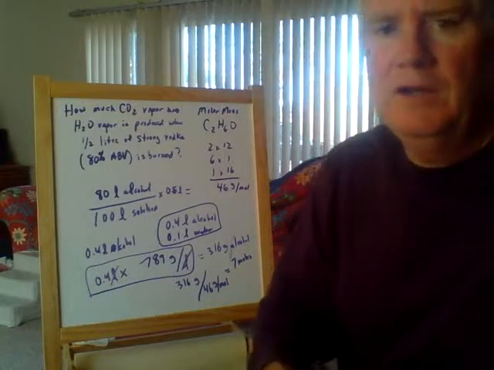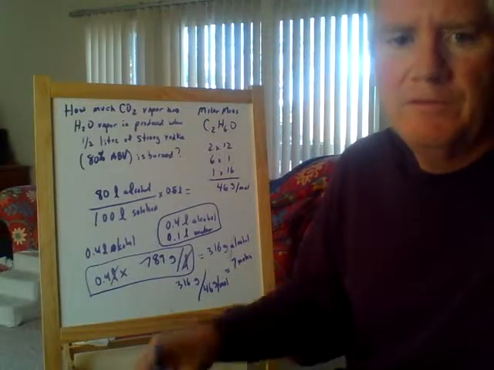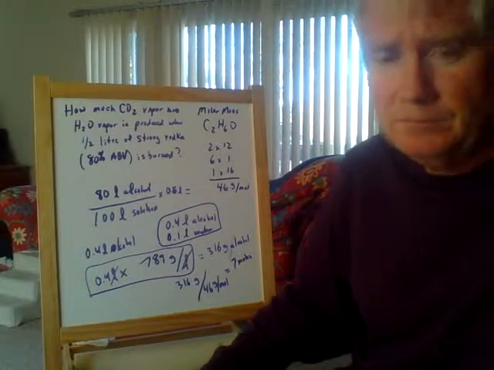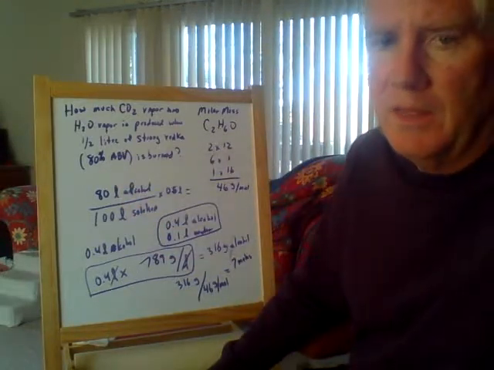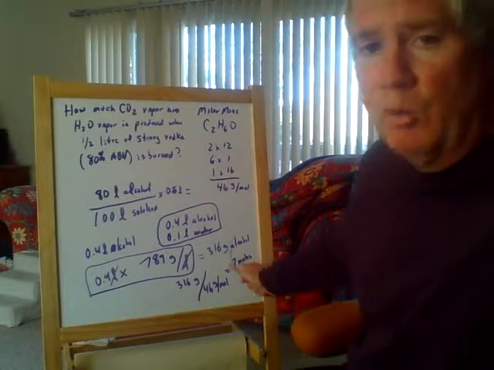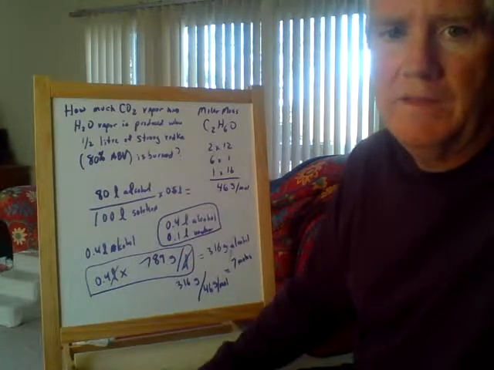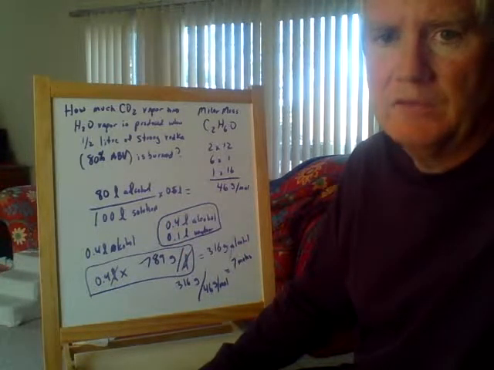So in our half a liter of strong vodka, strong meaning 160 proof vodka, there is 7 moles of alcohol in that solution.